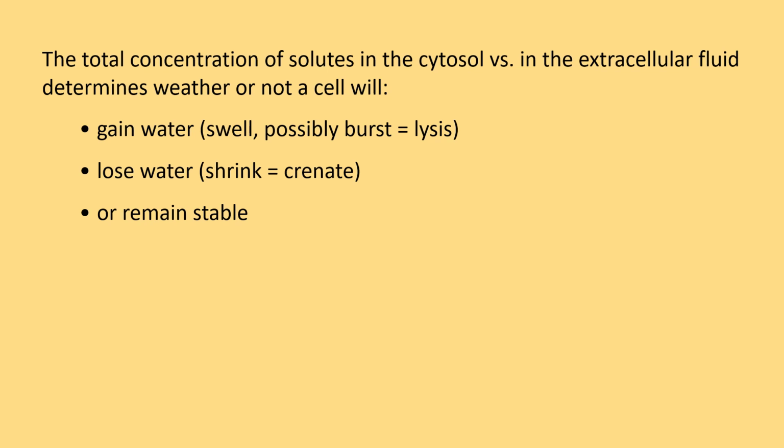It will shrivel, it will shrink, the technical term is crenate, and the cell will lose its functionality. And what we want, when homeostasis is being maintained, is for the solution inside the cell to have an equal concentration to the solution outside the cell. And in that case, the cell shape remains stable. So we'll explore this further.